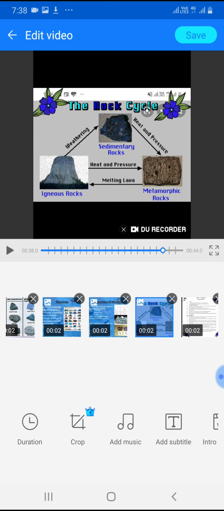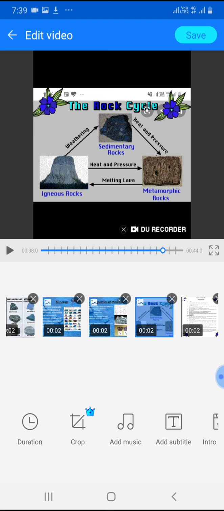Now let's discuss the rock cycle. Students, what does the rock cycle stand for? One type of rock changes to another type under certain conditions in a cyclic manner. This process of transformation of rock from one to another is known as the rock cycle. For example, igneous rock changes into sedimentary rock.